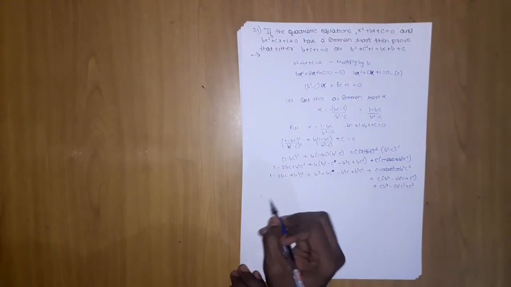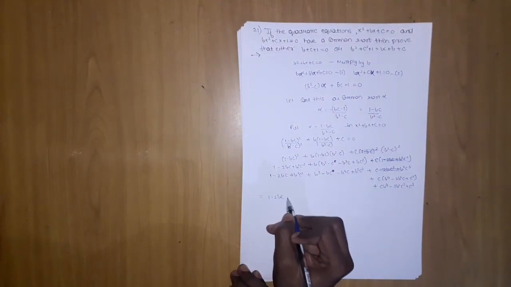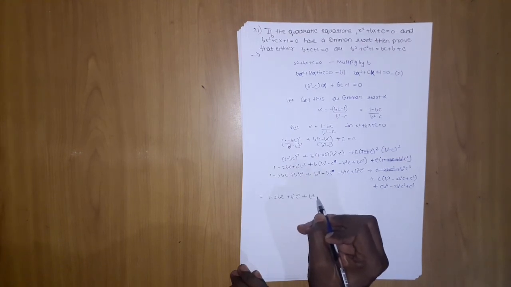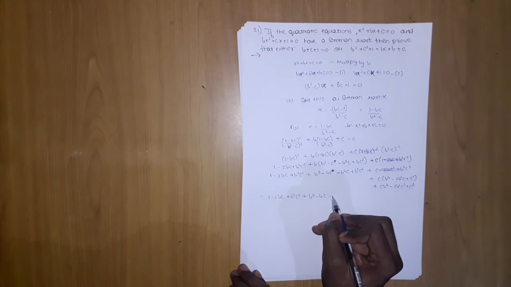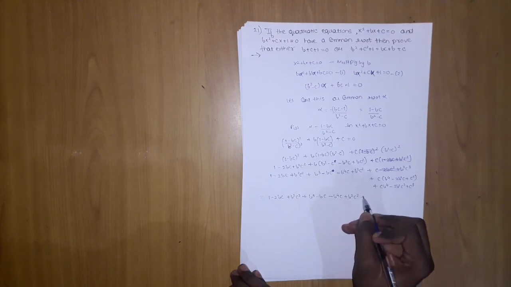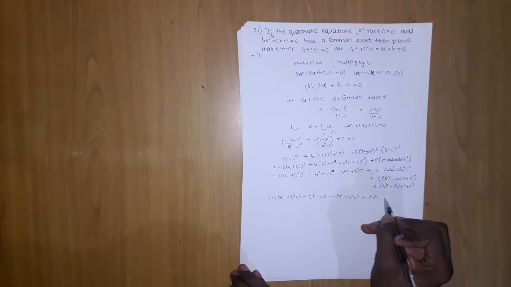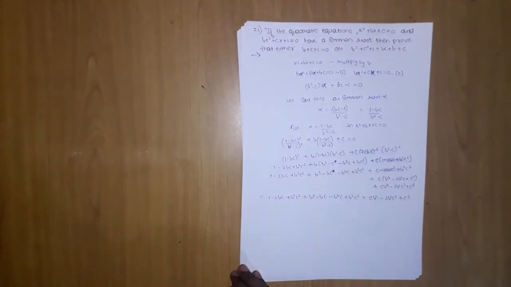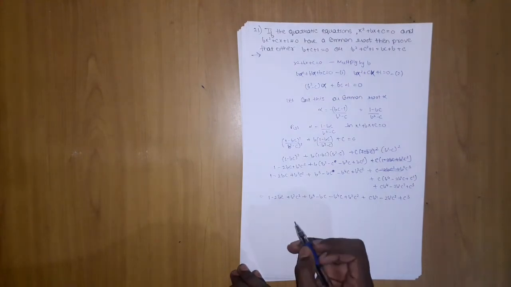Now let me write this once again. 1 minus 2bc plus b square c square plus b cube minus bc minus b raised to 4 c plus b square c square, plus c times b raised to 4 minus 2b square c square plus c cube. Now let's check.